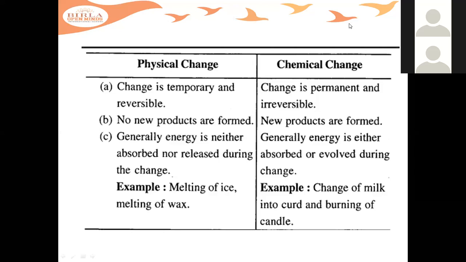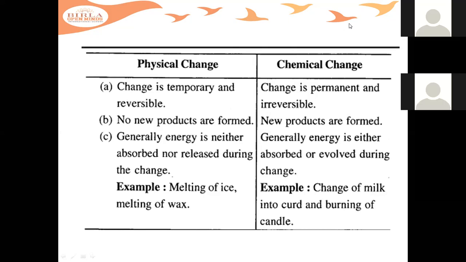When you fold a paper and crumple the sheet of paper completely, can you make it back like a normal one? No, you cannot. So this becomes an irreversible change, crumbling of a paper. But melting of ice is a reversible change. You can even make it back into a solid ice cube.